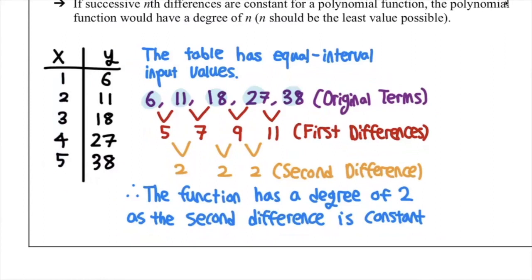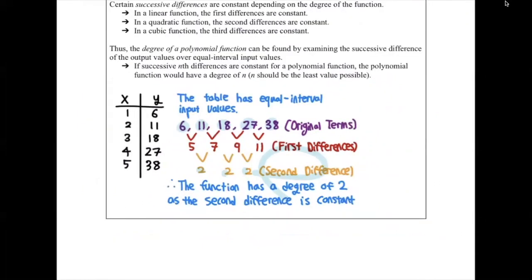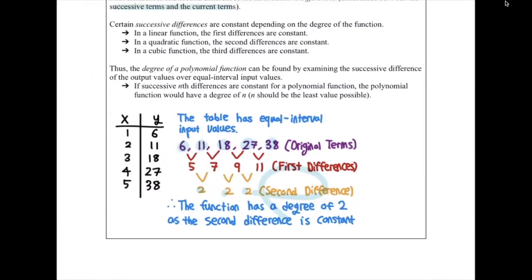If you calculate the difference between consecutive terms, you can find 5, 7, 9, and 11. That's called the first differences. And if you were to find the difference of the first differences, you'll get 2, and that's called the second difference. These are what are called successive differences. You're finding the difference of the difference essentially.